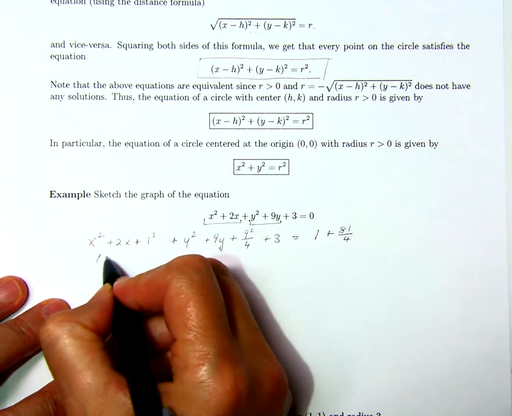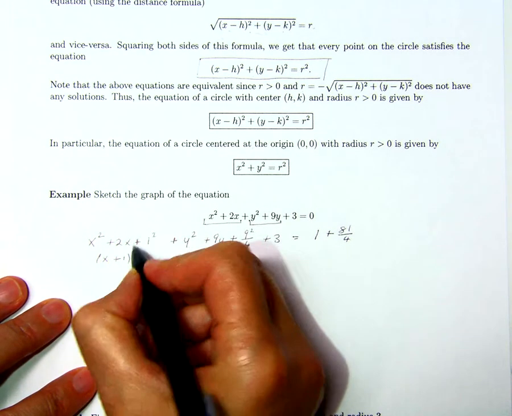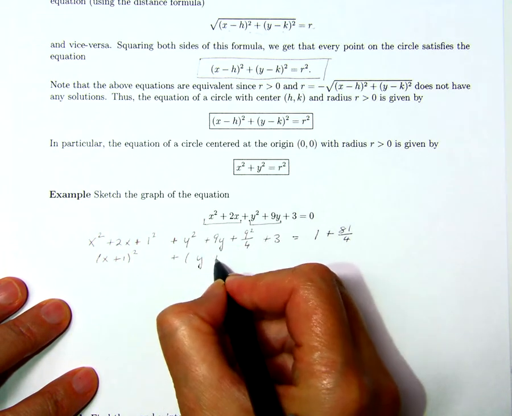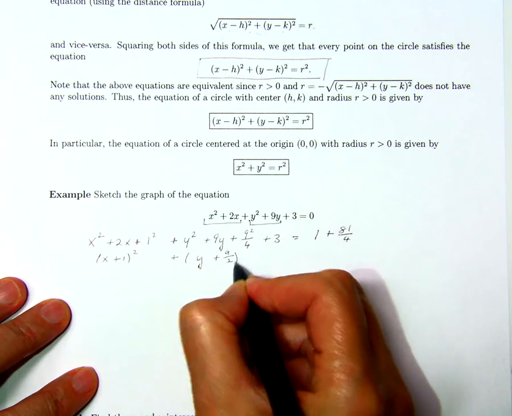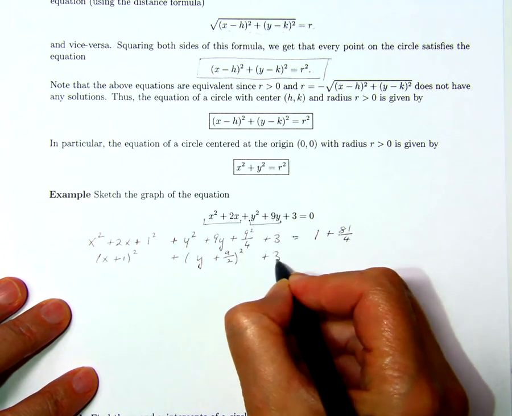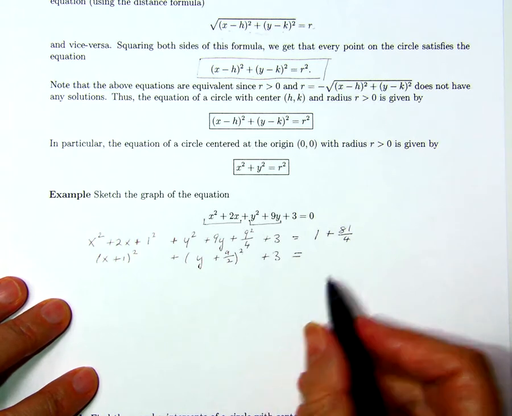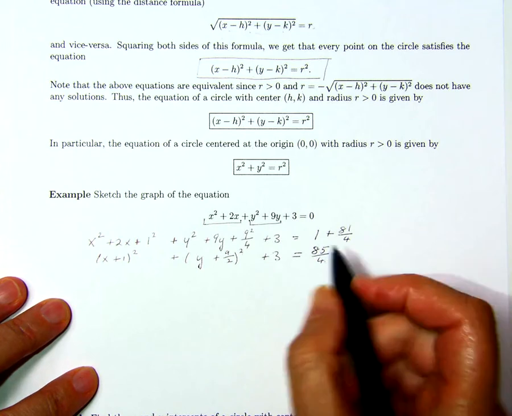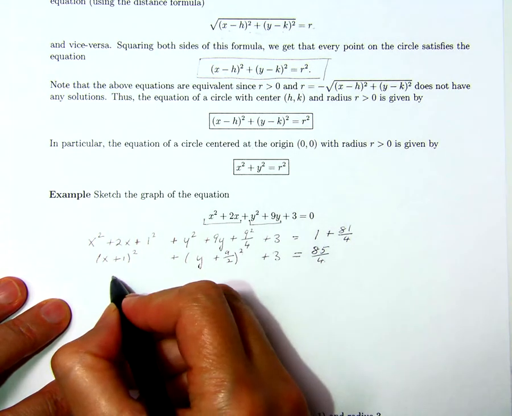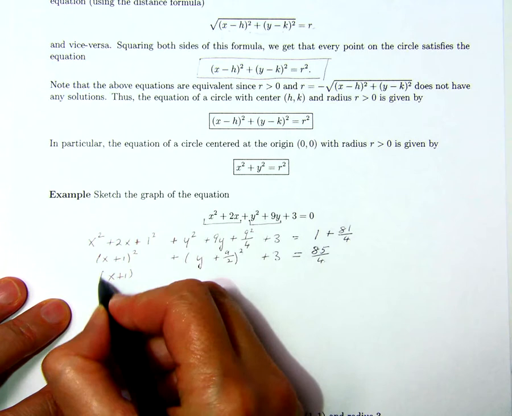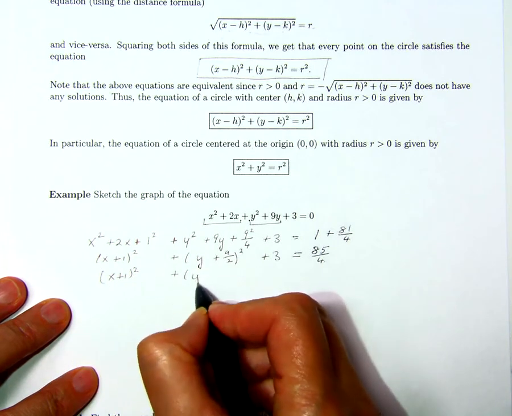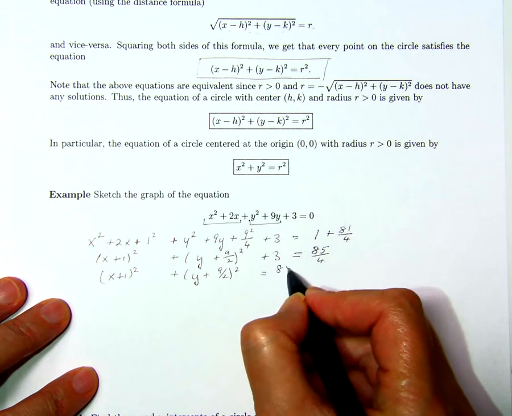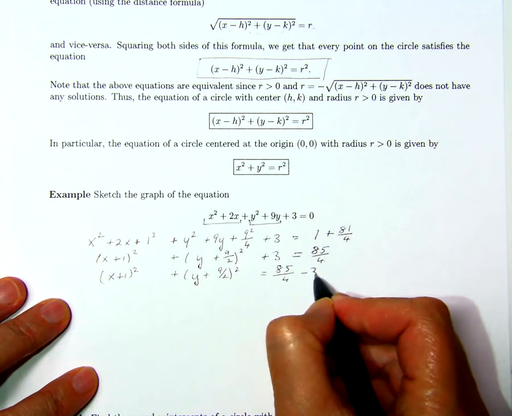Now this should be a square if we've completed the square properly. It should be (x plus 1) squared plus (y plus half the middle term, which is 9 over 2) squared, plus 3 equals 1 plus 81 over 4. That's 85 over 4. Now I'm going to subtract this 3 from both sides, and I get (x plus 1) squared plus (y plus 9 over 2) squared equals 85 over 4 minus 3.